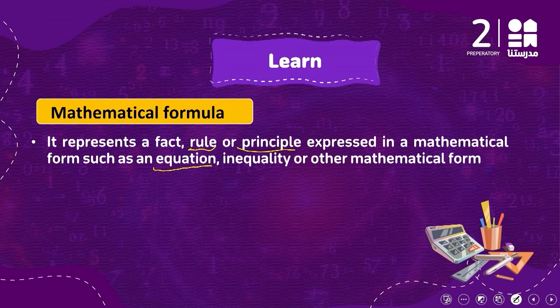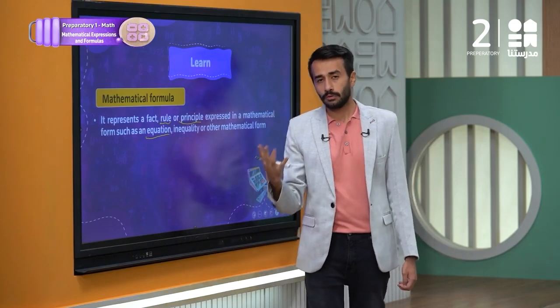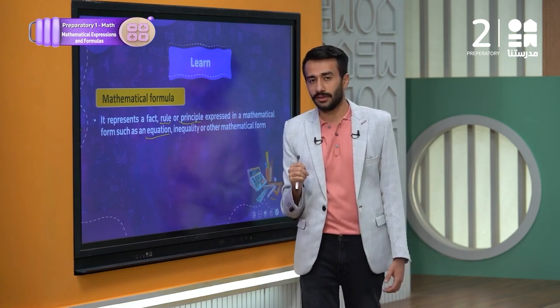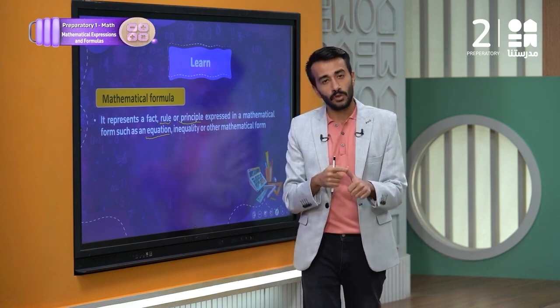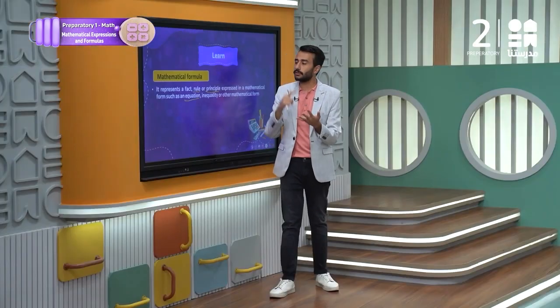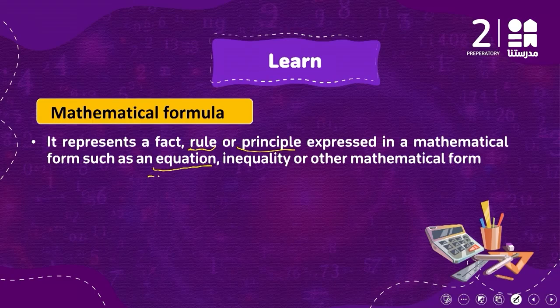So one type of equation is a formula. But as we use formulas a lot, we can treat it as another type of mathematical statement. So we have numerical expression, algebraic expression, equation, inequality, and formula. We can use a formula in an equation or in an inequality or other mathematical form.